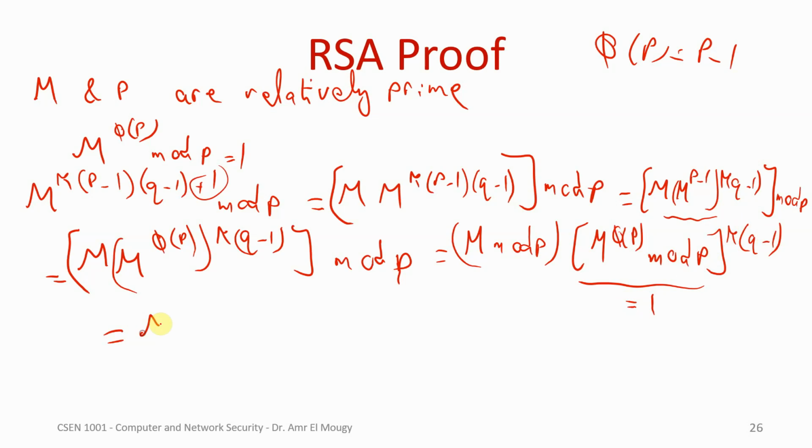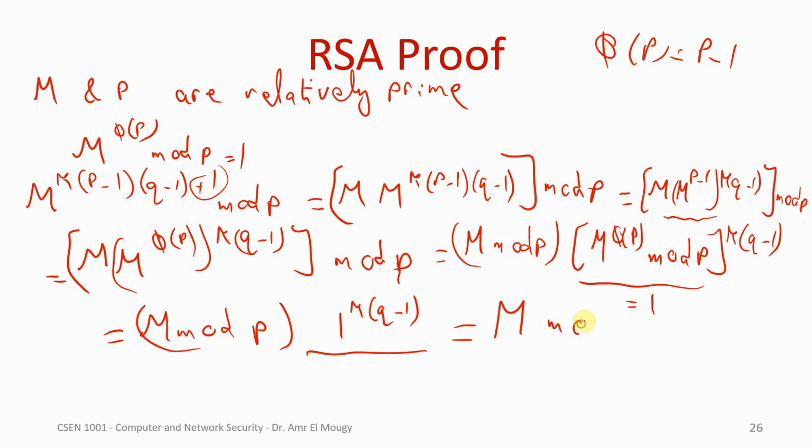So this now boils down to m mod p multiplied by 1 to the power of k(q-1). 1 to the power of anything is equal to 1, which now becomes m mod p.